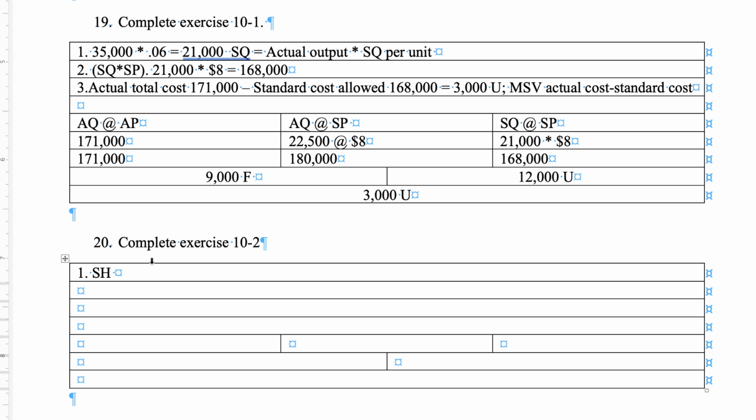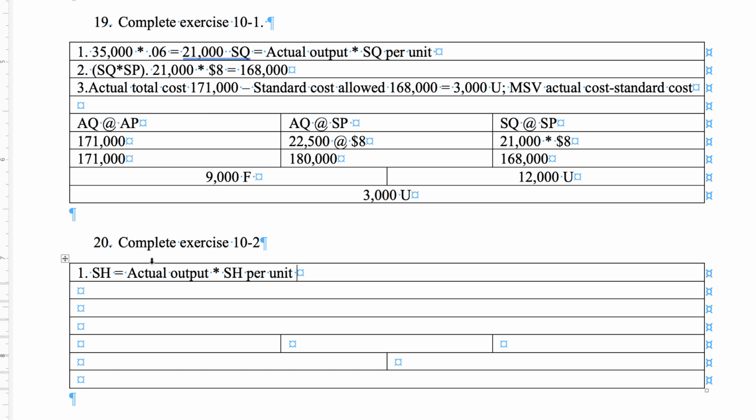Same exact way. We take the actual output times the standard hour per unit or per meal.